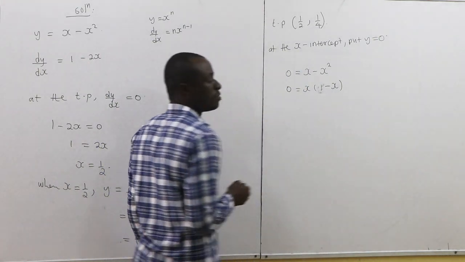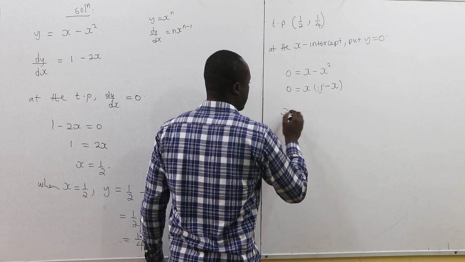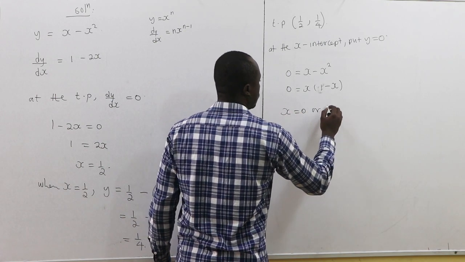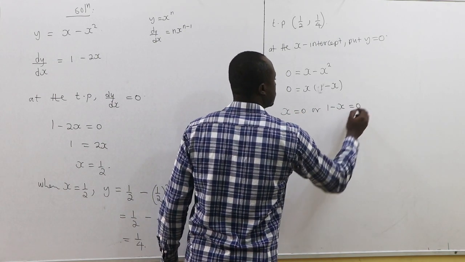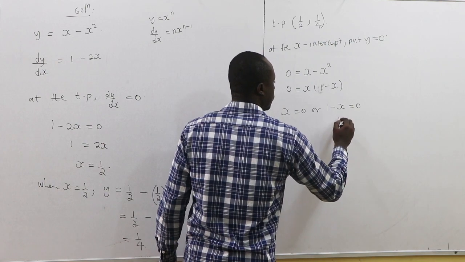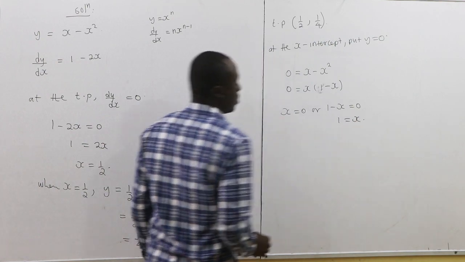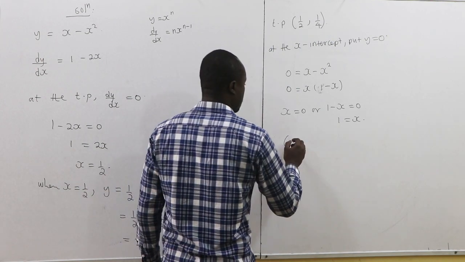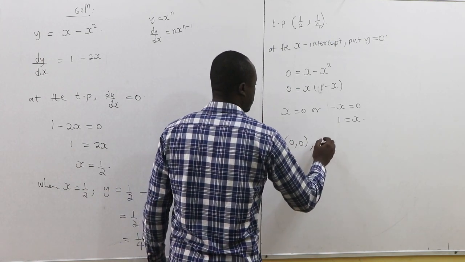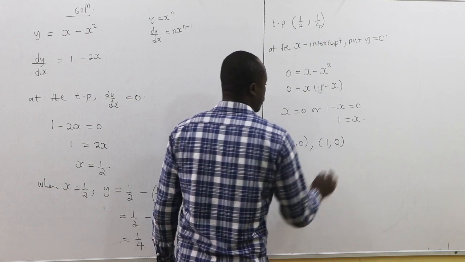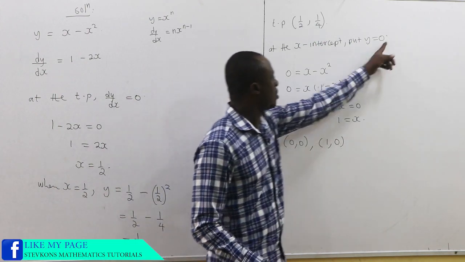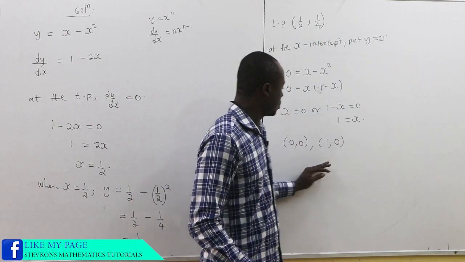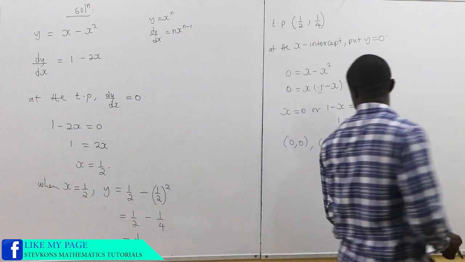So clearly either x equals 0 or 1 minus x equals 0, so 1 is equal to x. Hence when x is 0, y is 0, and when x is 1, y is 0. So here (0, 0) and (1, 0). That is the x-intercept.